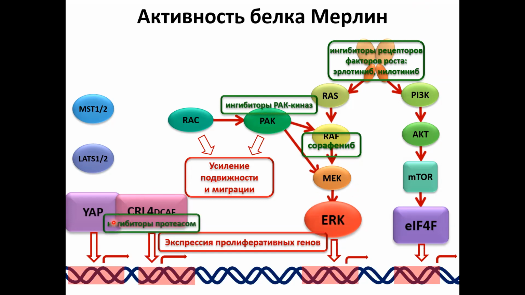Or we can try the proteasome inhibitors, which act on the effectors of ubiquitin ligase CRL4. Another option is to use bevacizumab, that is a VEGF inhibitor. And that is so far the only efficient way to treat neurofibromatosis, not to treat, but at least to control tumors. All the other ways cause the compensatory activation of signaling cascades other than the inhibited one.